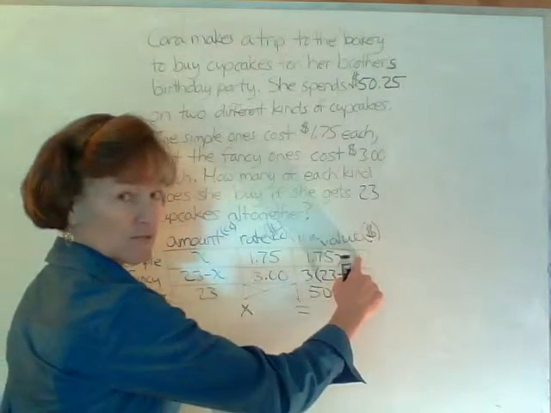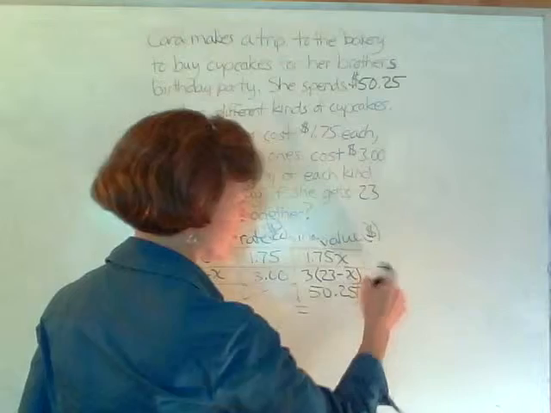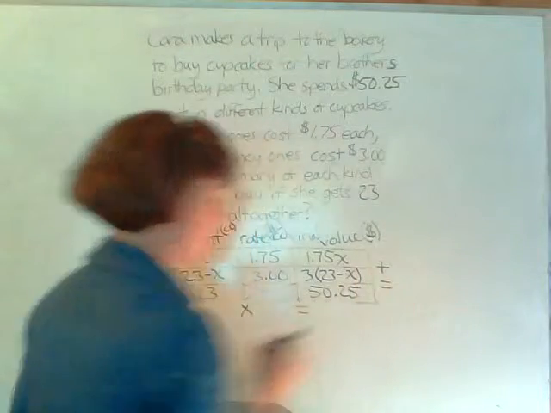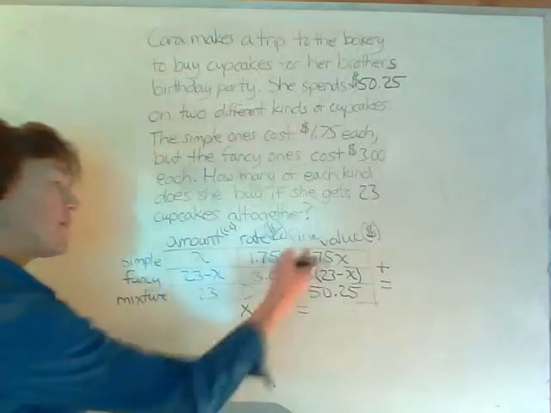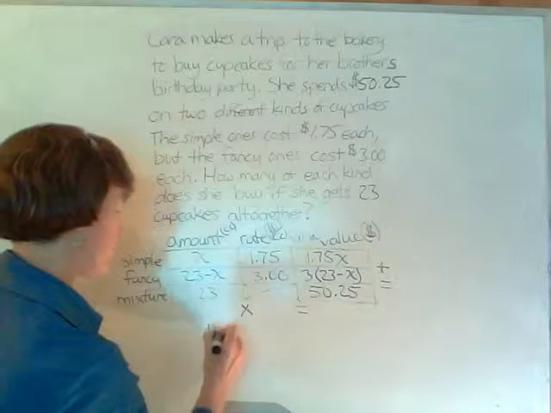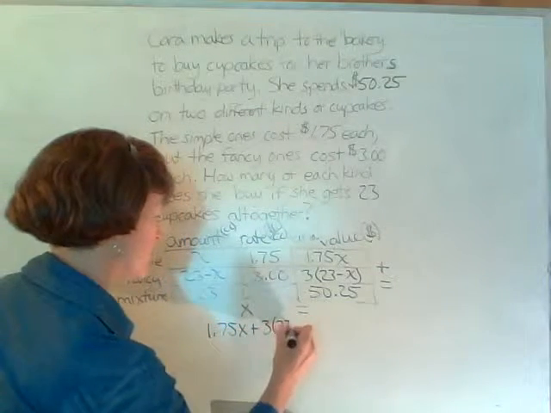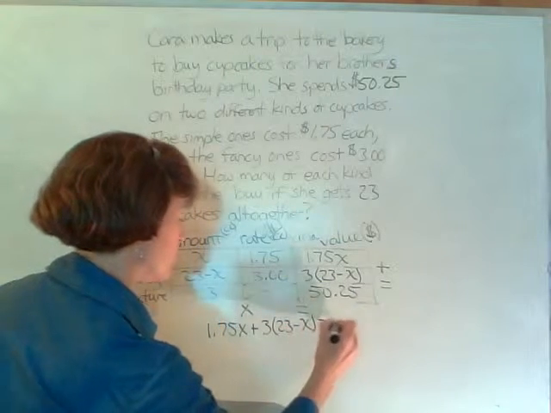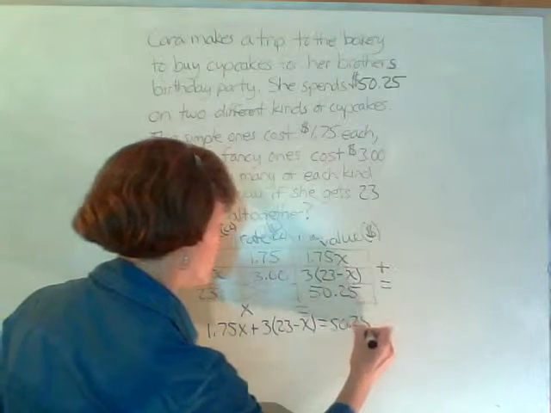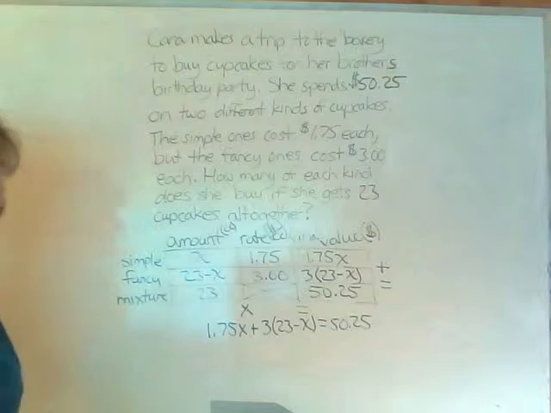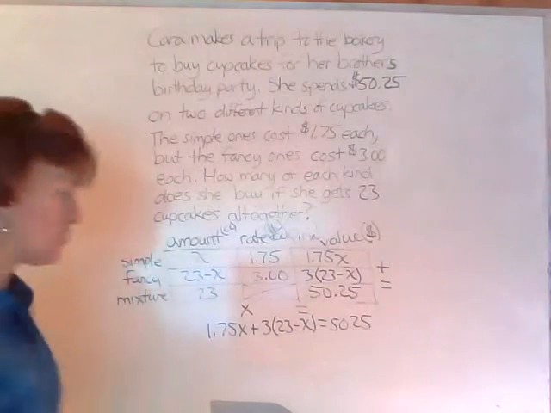The first box plus the second box always equals the third box. So when I write my equation to represent the problem, I've got 1.75x plus 3 times 23 minus x equals 50.25. That's my equation. Now I'm going to solve this equation.